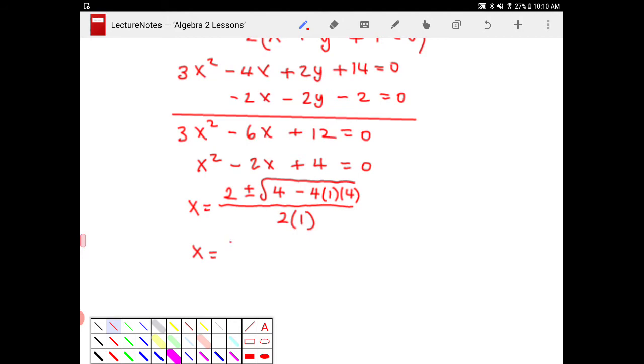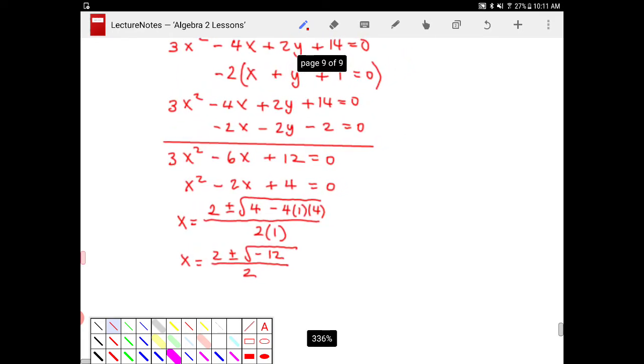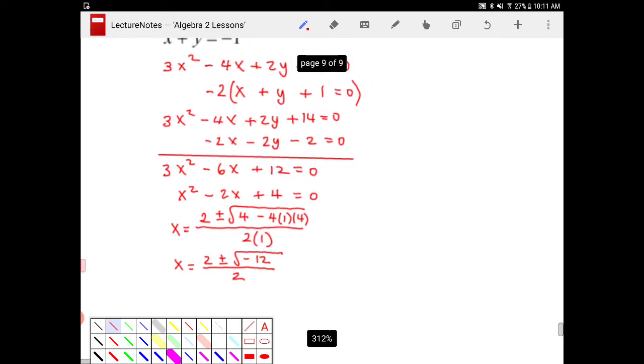The reason is, if you look at what's inside the square root, that b squared minus 4ac reduces to -12. That b squared minus 4ac actually has a name in mathematics, and we refer to that as the discriminant. And here we end up with no real roots.